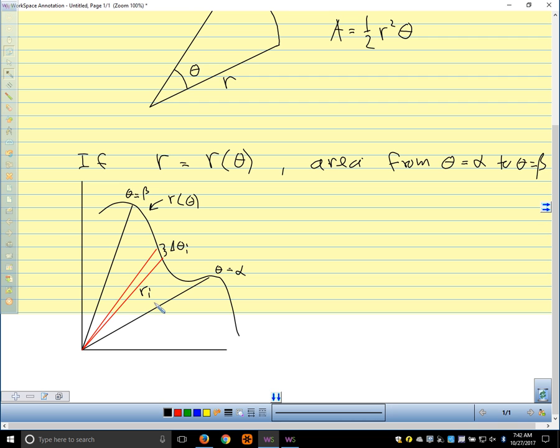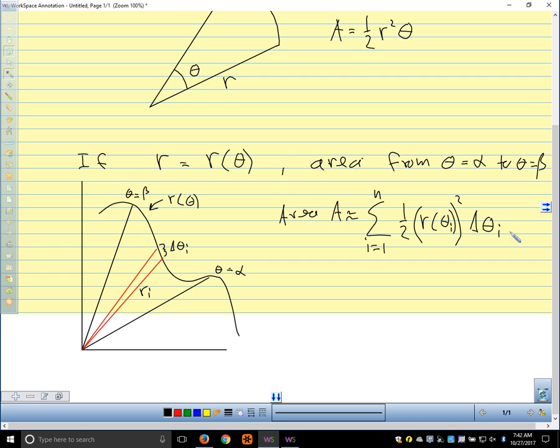So we subdivide our interval, and our area is approximately the sum from i equals 1 to n, however many pieces we break it up into, of 1/2 r of theta sub i squared delta theta sub i. Then we take the limit as n approaches infinity, as delta theta approaches 0.